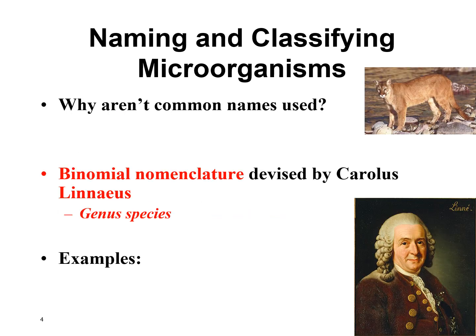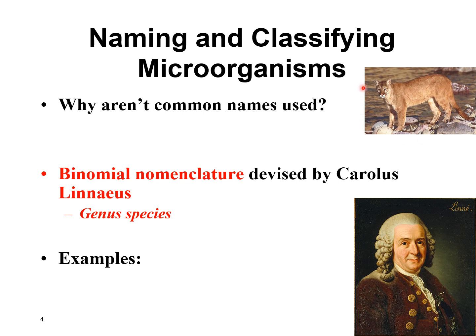So the reason that we came up with using scientific names and we no longer use common names in science is because common names are very confusing. So for example, if we take a look at this species over here in the top right, we've got a couple of different common names that you can think of for this animal here.